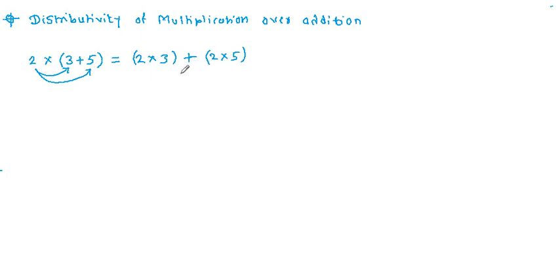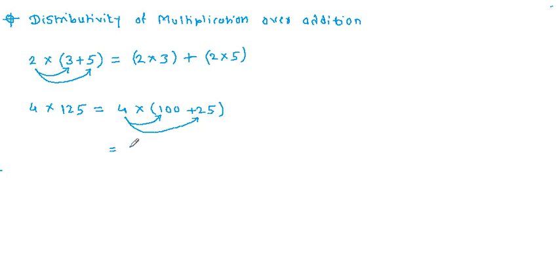Now let's take an example how we can make calculation simpler by using this property. So 4 into 125. So 125 can be written as 100 plus 25. Now we will use this distributive property. So 4 into 100 and then we will add 4 into 25.